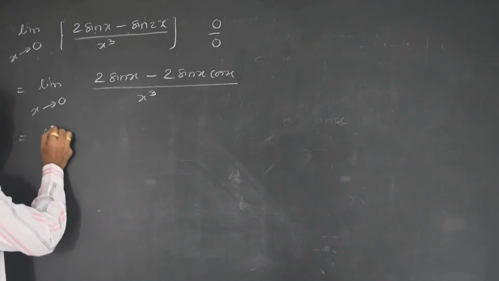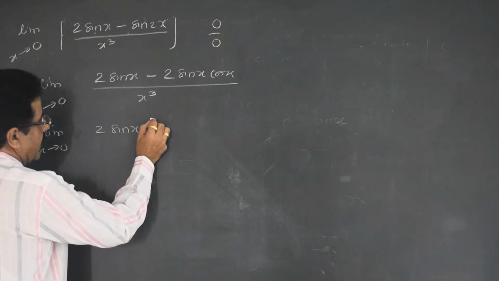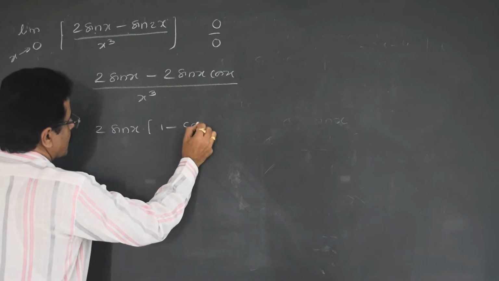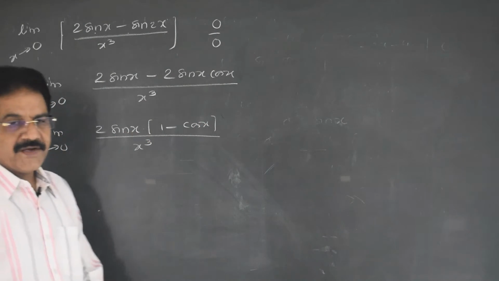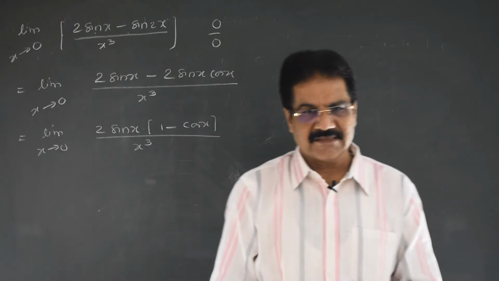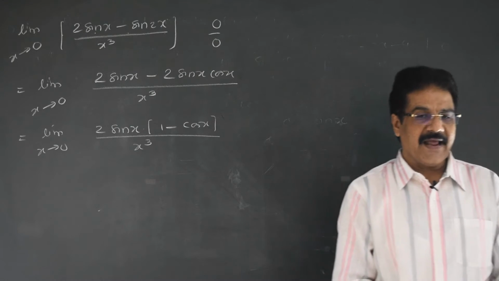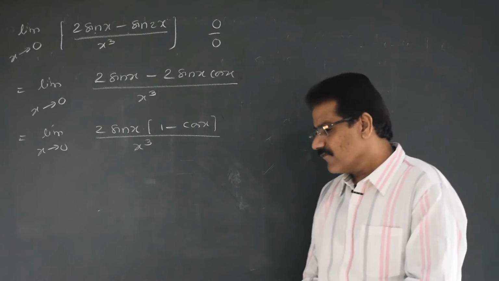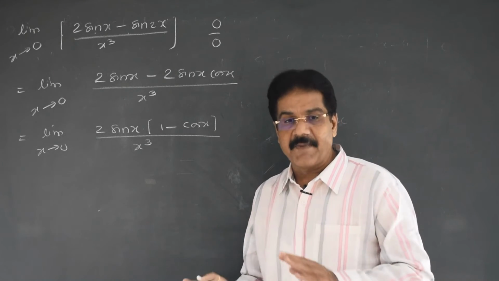So limits as x tends to 0, 2 sin of x in bracket 1 minus cos of x upon x cube. Now we know that sin x upon x is equal to 1, and therefore that formula can be applied and we can make it 1, and therefore we are going to split this particular limit into 3 parts.